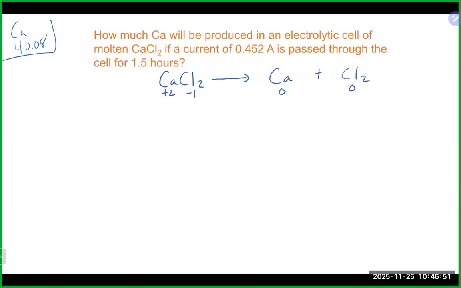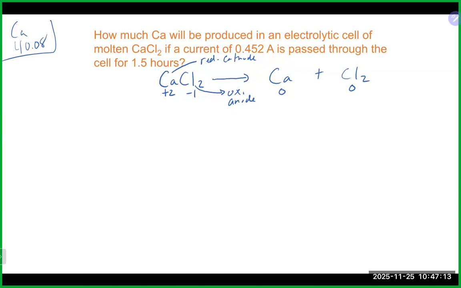So it is the calcium that's getting reduced and is the cathode in this case. It is the chloride going from -1 to 0, becoming more positive, that is going through oxidation and would be our anode.